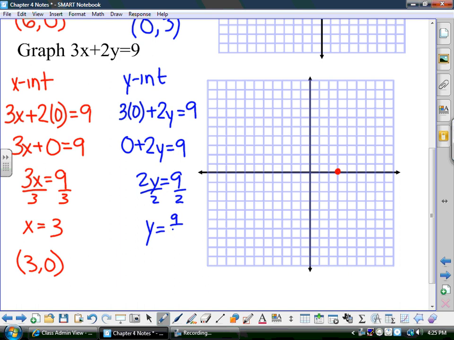It's 9 halves, or 4.5. So it's going to be a little bit tough to graph. First of all, my ordered pair would be a 0 for the x, and then 4.5 for my y. As I graph it, I'm going to be halfway in between. I'm not going to be quite at 4 and not quite at 5, but halfway in between.